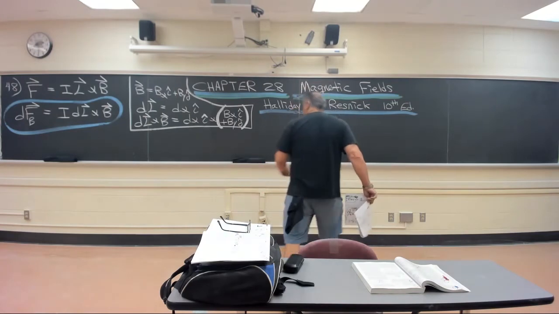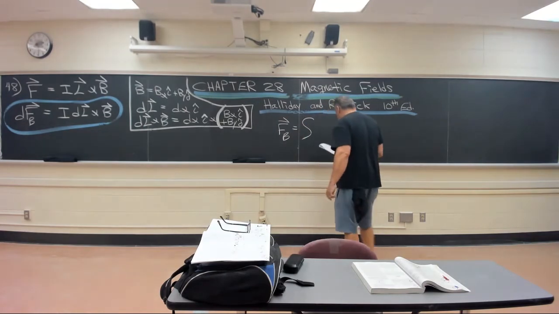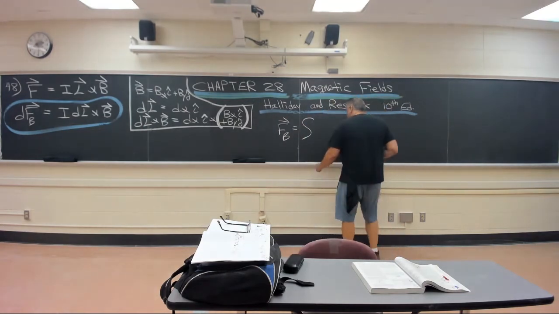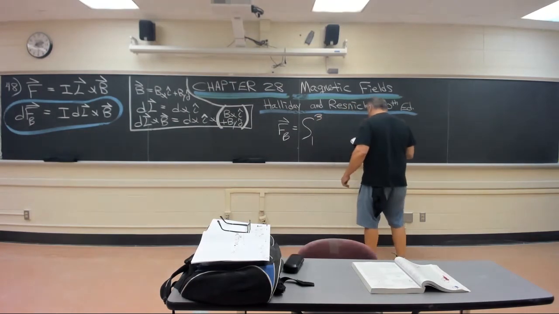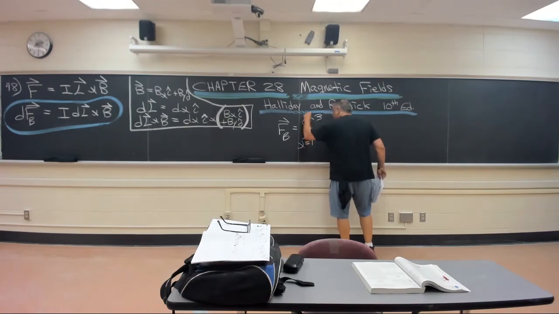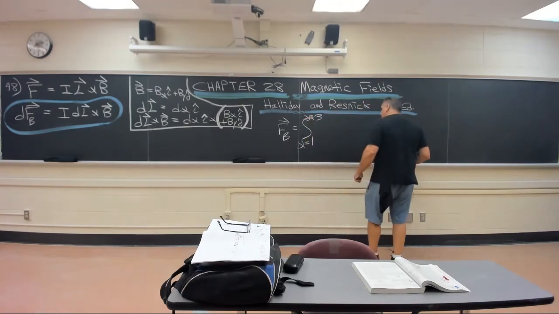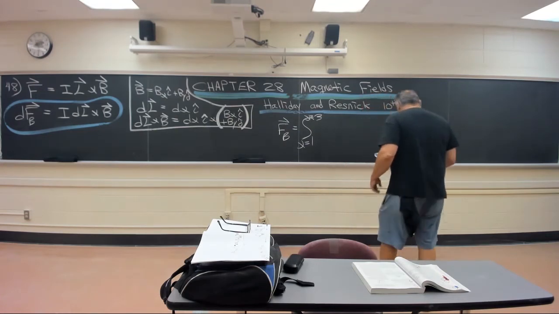If that's the case, then the FB vector is going to be the integral from 1 meter to 3 meters, x equals 1 to x equals 3. And now what's going on here?